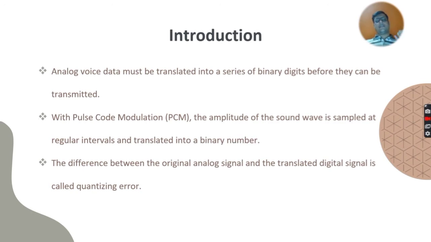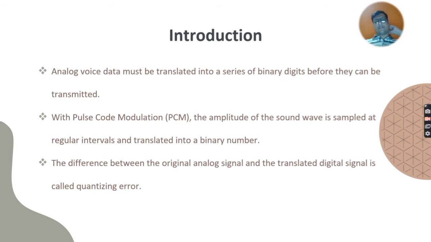So if my analog signal is 5 kilohertz, the sampling frequency must be 10 kilohertz, twice that, or more than 10 kilohertz. Then only it will sample at a regular interval, and the intersymbol interference will reduce.